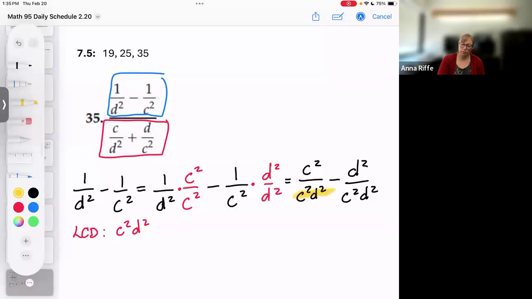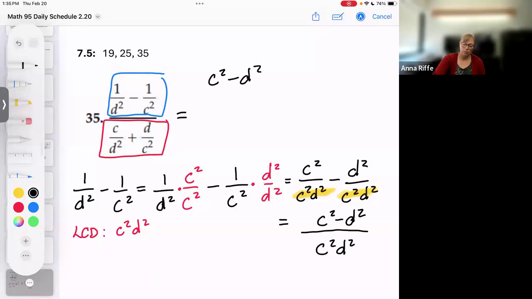Okay, so now I have this common denominator. And I can write the fraction with that common denominator and subtract the tops. It's that top expression. I can replace 1 over d squared with c squared minus d squared over c squared d squared.